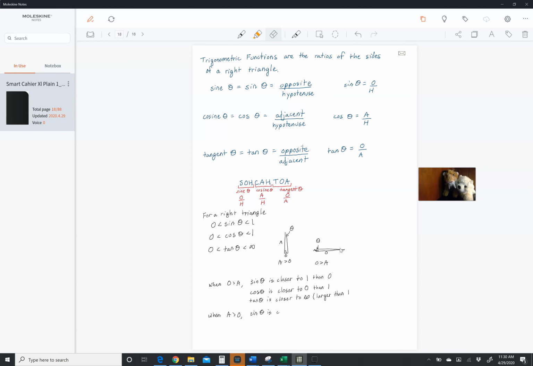It depends on how much larger the opposite side is than the adjacent side. The cosine of theta now is going to be closer to 1 than 0. And the tangent of theta is closer to 0, meaning it's less than 1.